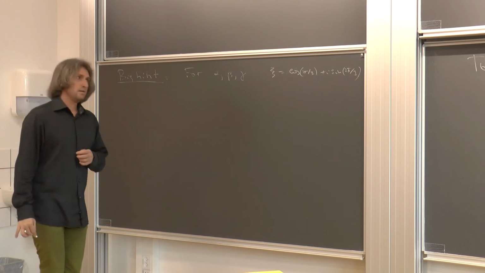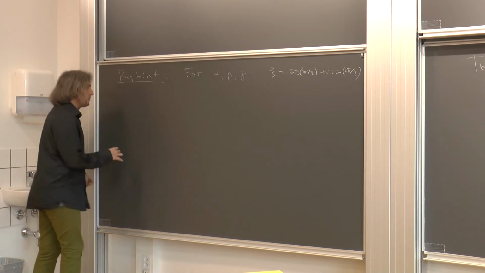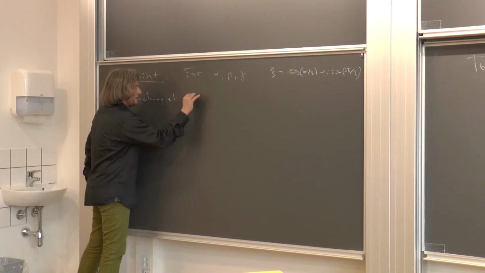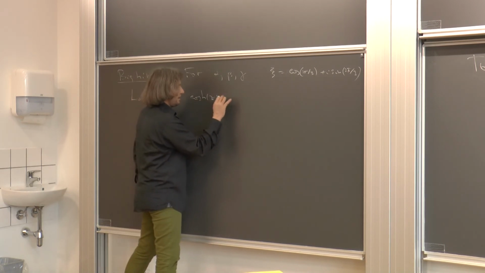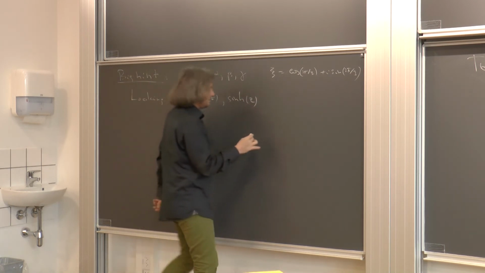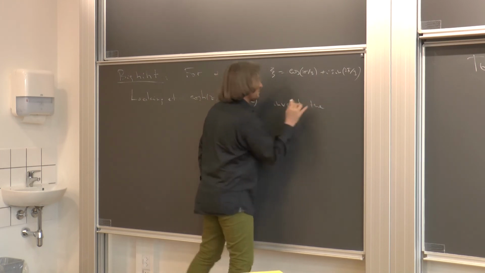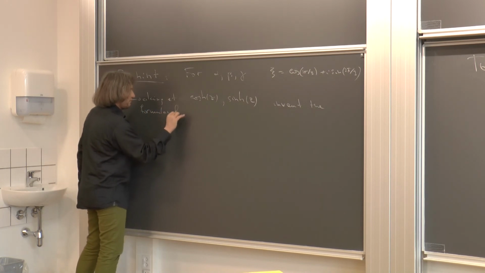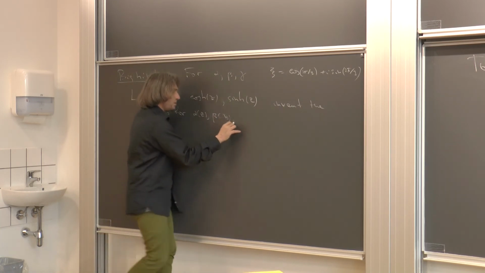And I think that, looking at the formulas for cosine hyperbolic of z and sine hyperbolic of z, just invent the formulas for alpha of z, beta of z, and gamma of z.